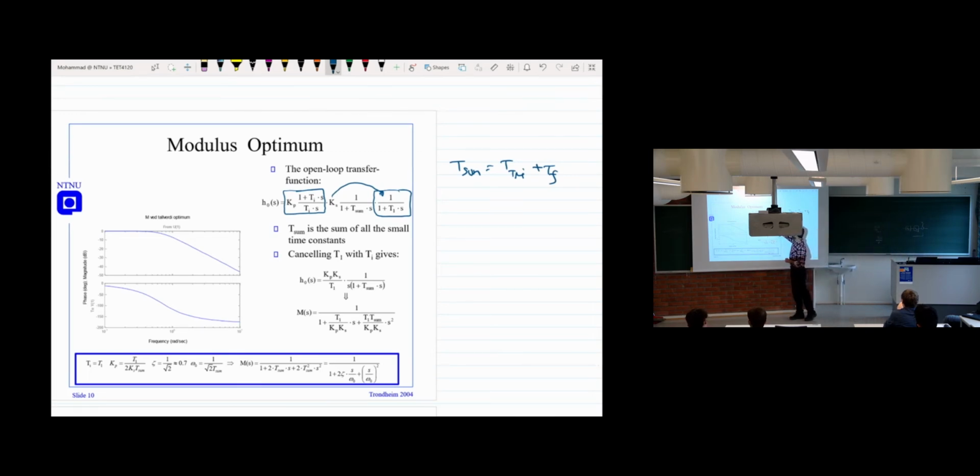So now we have three components: one for the controller, one for the carrier and all the other things, and one for the process. And one thing you notice is that the process is like a low pass first order function.